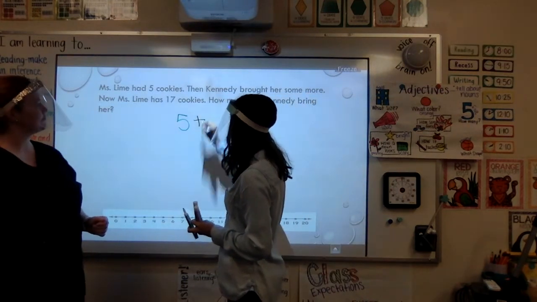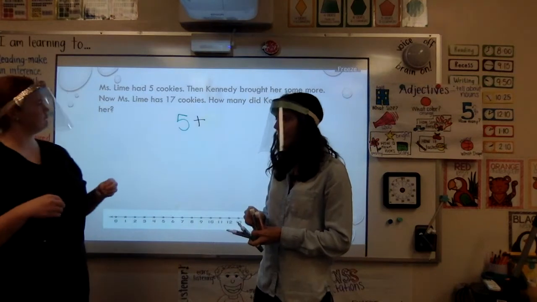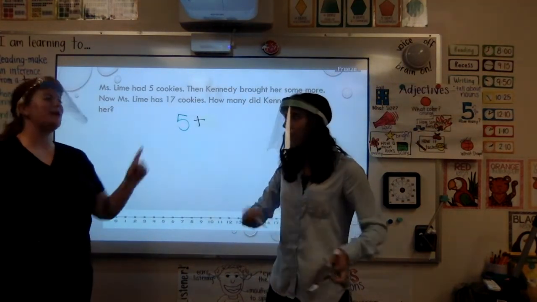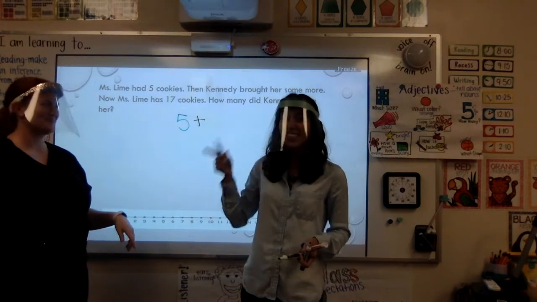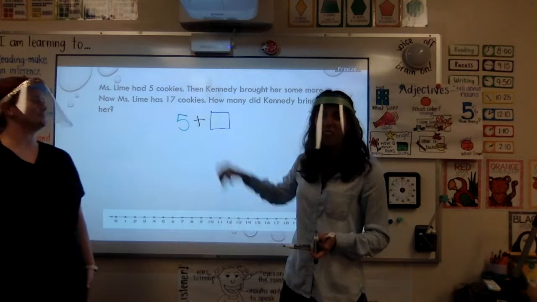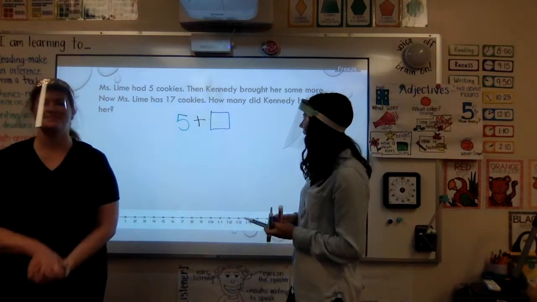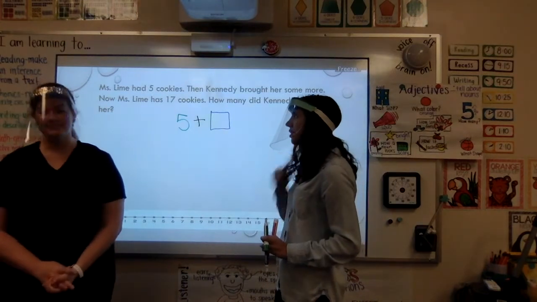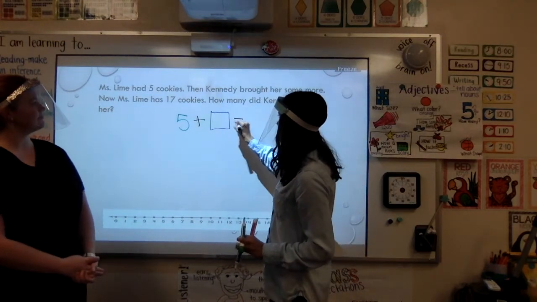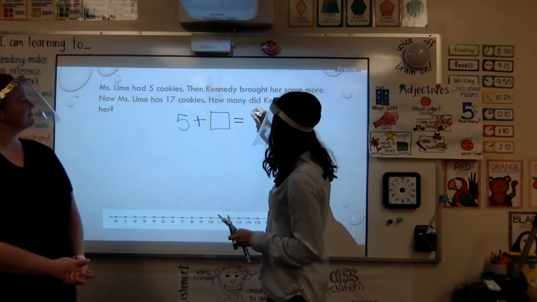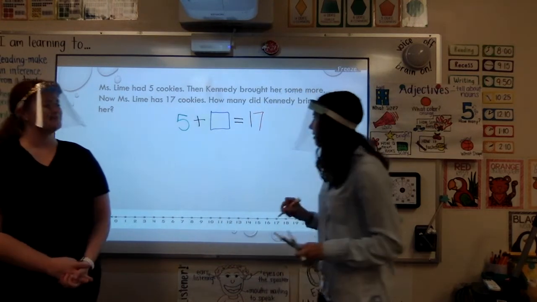And it says some more. That word isn't tricky for me anymore. My brain knows that when we see some, it's our mystery box, because this is what we're going to have to solve for. Then it says now Miss Lime has 17 cookies. So now tells me the result at the end of our problem is 17 cookies.